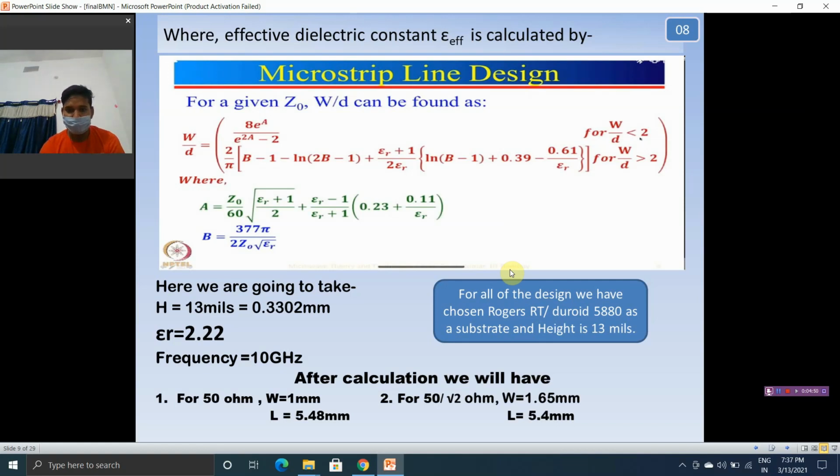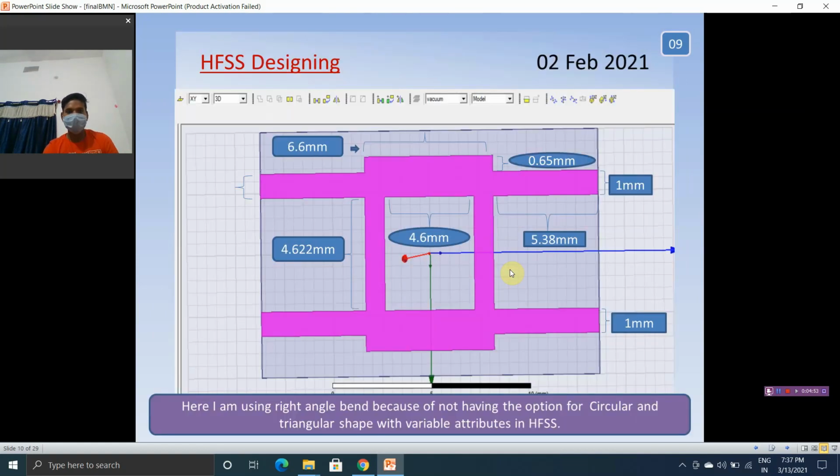This is my design in HFSS. Here you can pause the video and write down all the dimensions of our branch line coupler. I am using a right angle bend because in HFSS we have to use this.